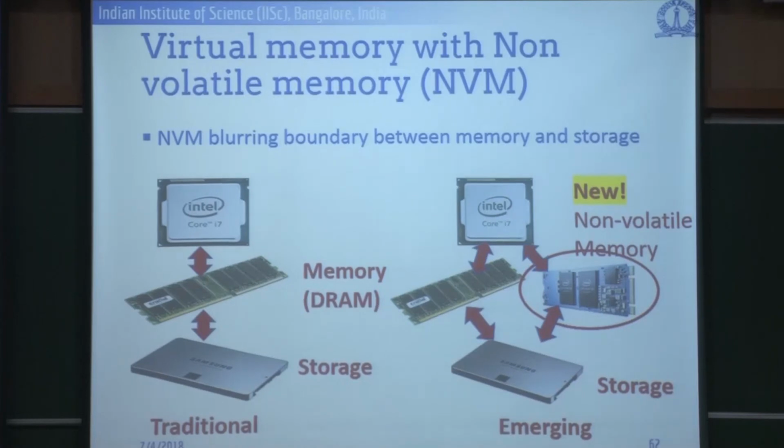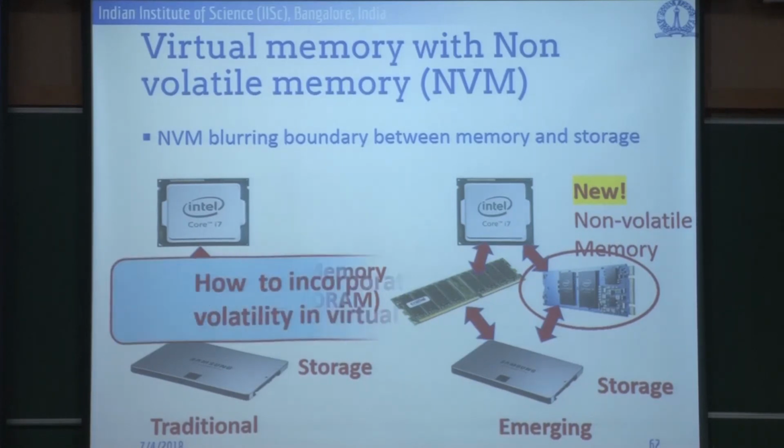Storage by definition is not. Memory you can directly access from the processor at byte granularity. Storage you cannot; to access it, you have to go through the operating system. But there is this new class of memory that is byte addressable like memory and at the same time non-volatile, so it can act as both storage and memory. So how do you incorporate the notion of non-volatility in virtual memory? That's another interesting challenge.